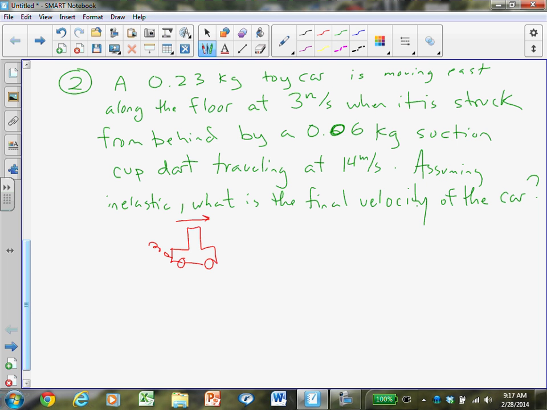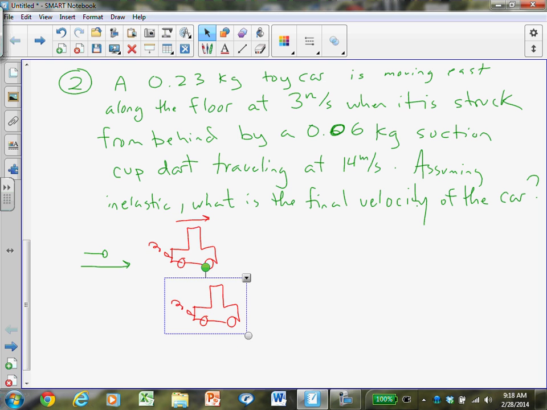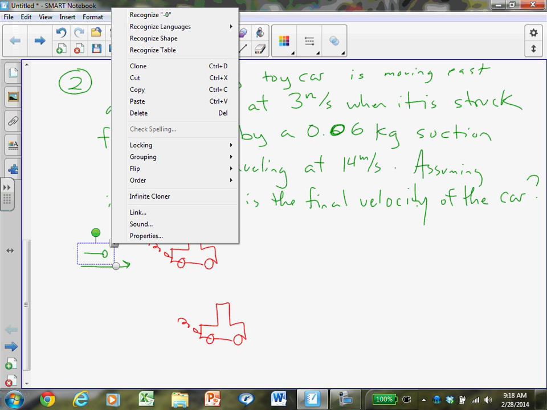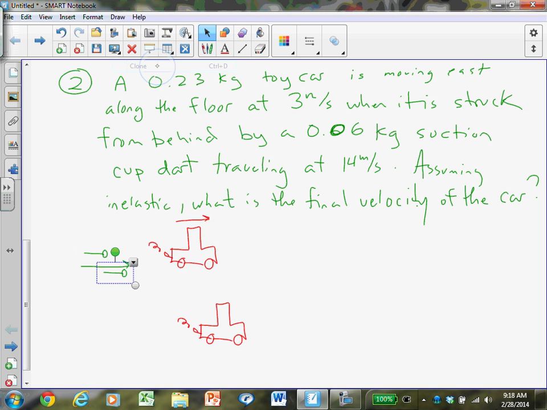It's struck from behind by a suction cup dart, moving like so. We want to know what the velocity of the combined wreckage is. So what do I do for that from this point?